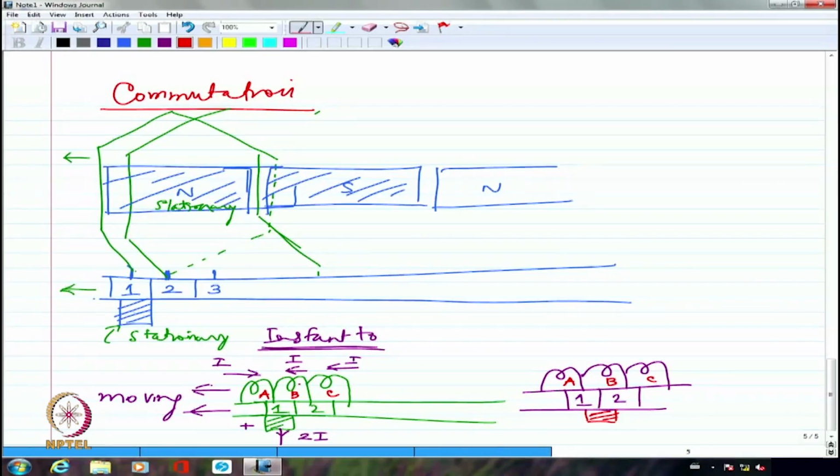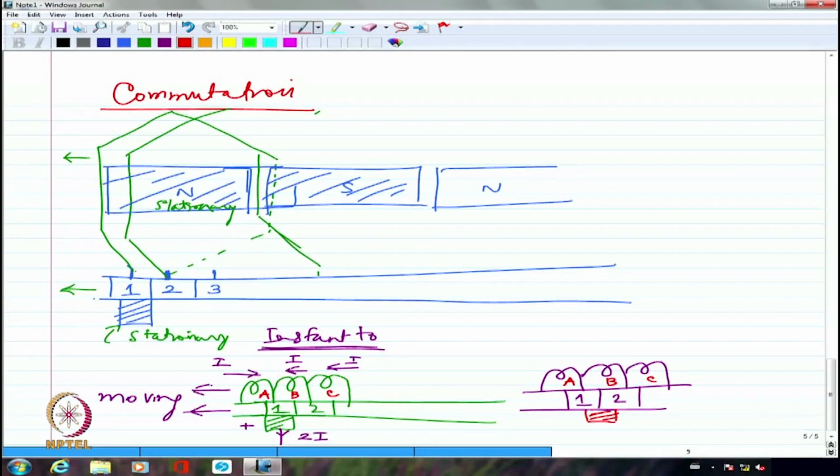Now, the brush is actually making contact with 2 commutator segments, 1 as well as 2. And if you look at it, coil B is connected between 1 and 2. So it is as though coil B is short circuited because of the brushes actually short circuiting the commutator segments 1 and 2, between which coil B is connected.